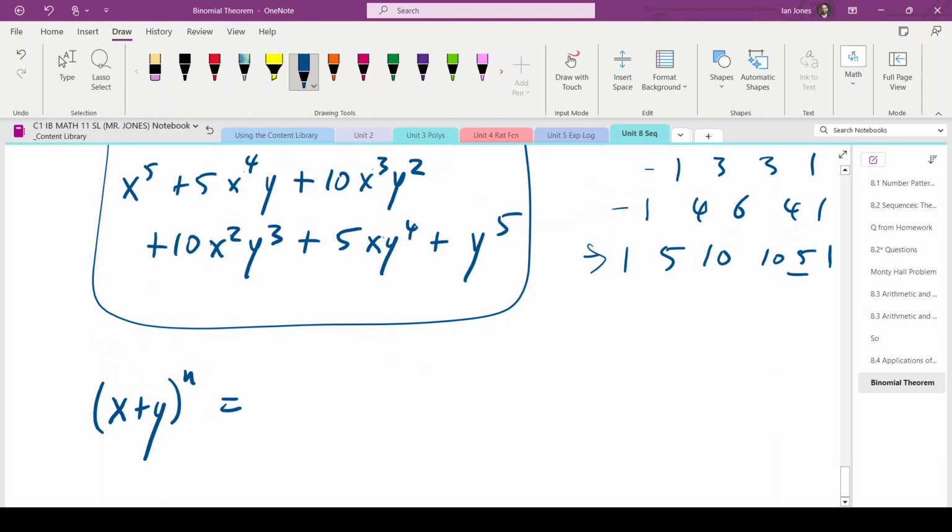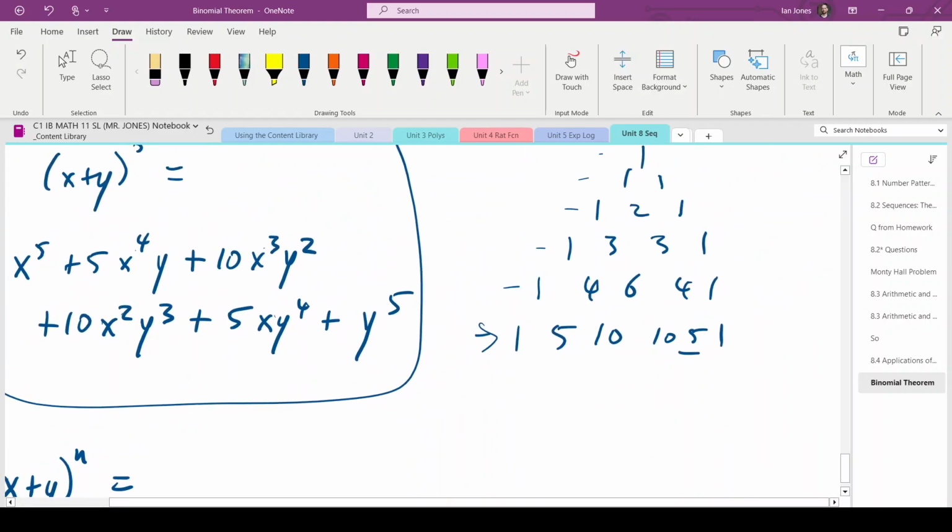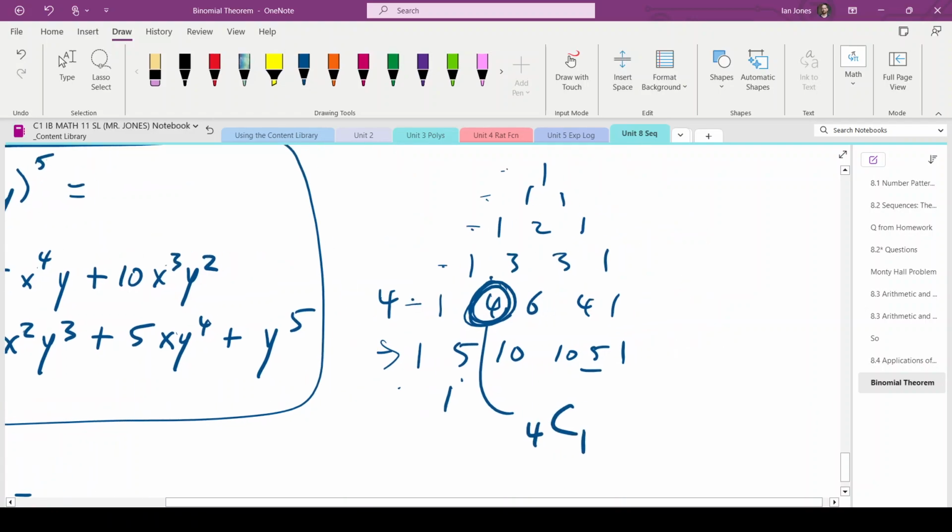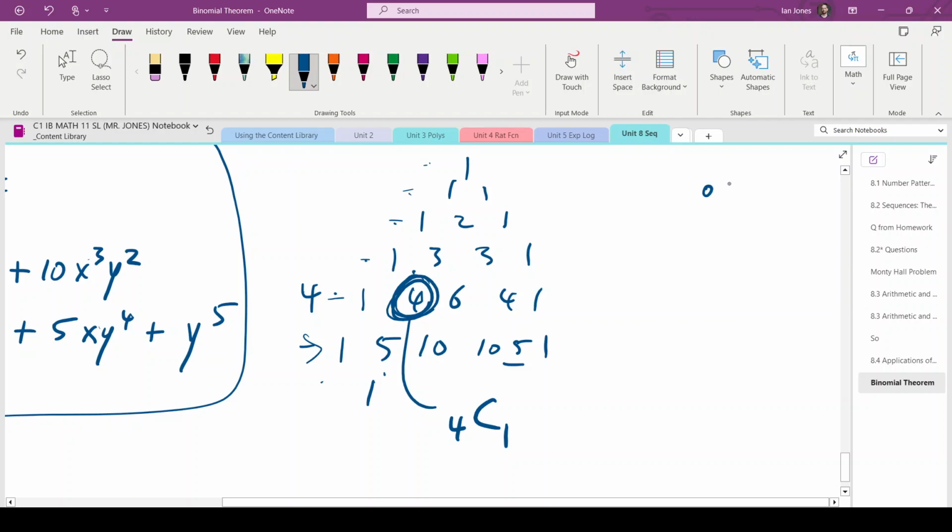But we also know that Pascal's triangle gives us n choose r. If I'm here, for example, that is 0, 1, 2, 3, 4th row, 0, 1, first column. This is 4 choose 1. And if we wanted to, we could make an entire Pascal's triangle just with choose notation.